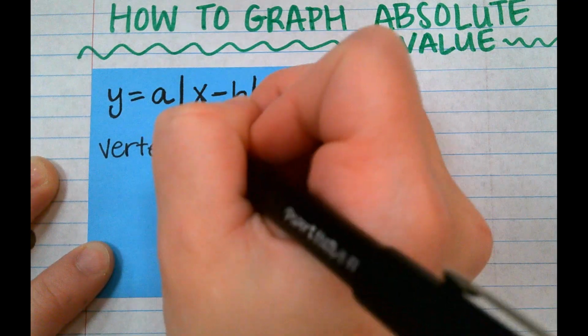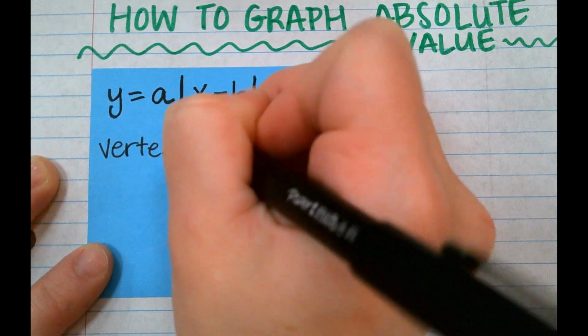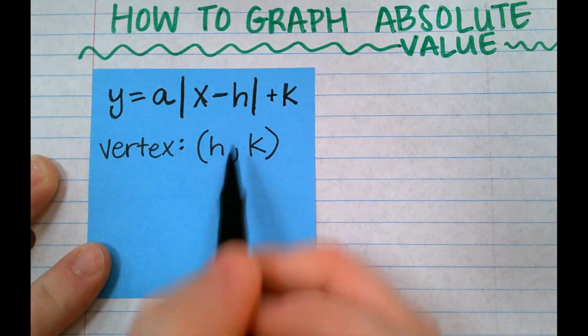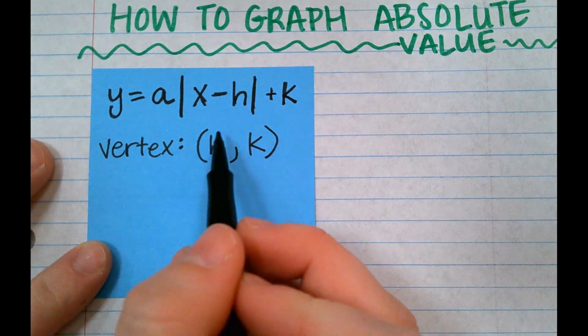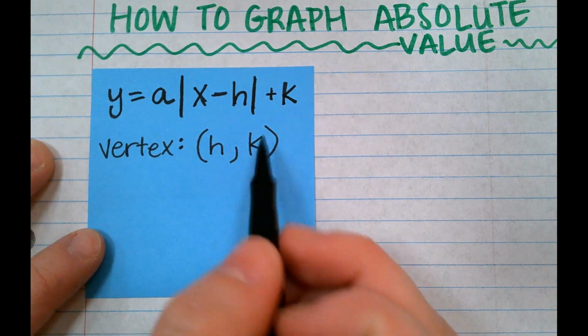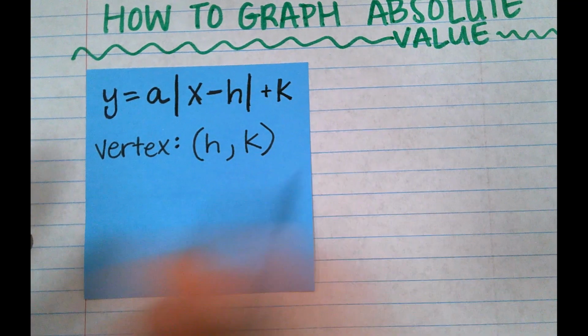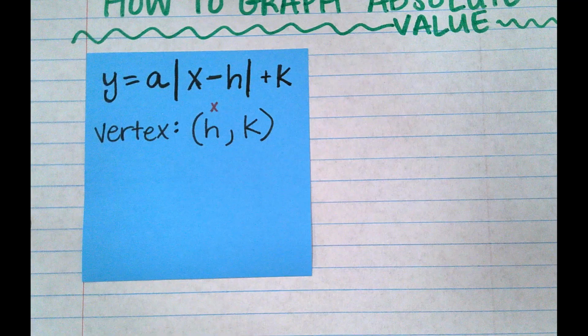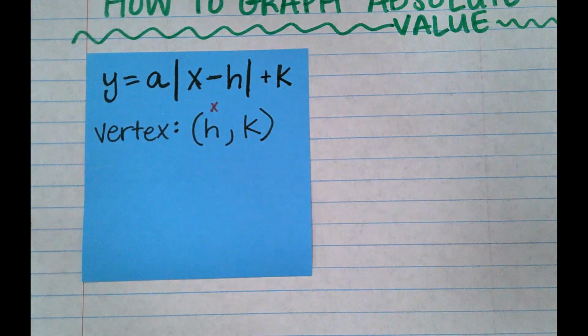That vertex is always (h, k). Our x value will be whatever h is. Our y value will be whatever k is. So I'm going to write just above that this is giving us the x value and the y value of our vertex.